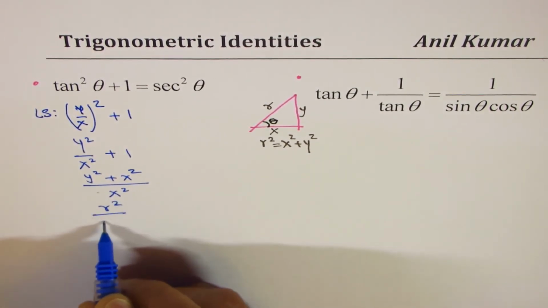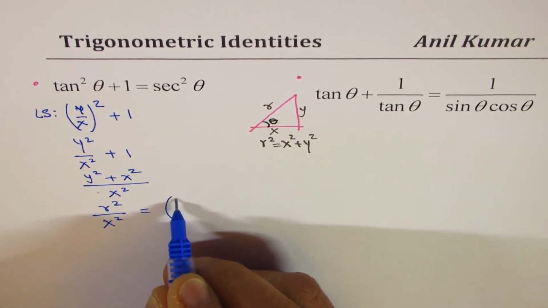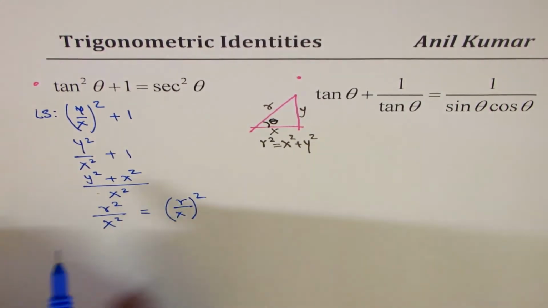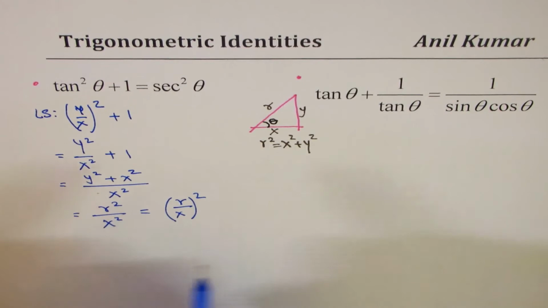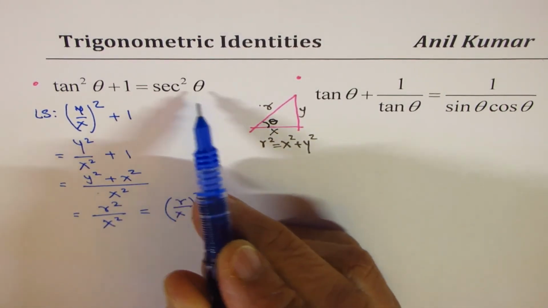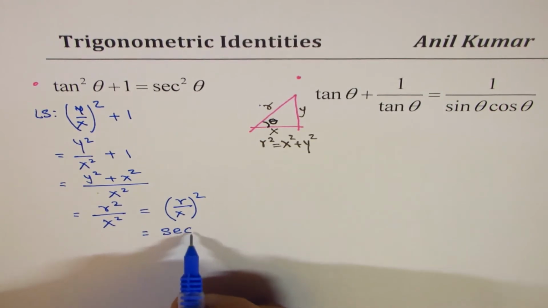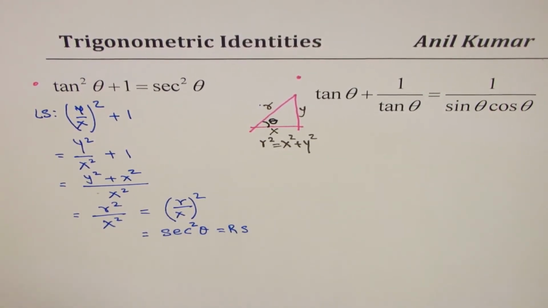So we have r squared over x squared, correct? Now that basically means r over x whole squared. R over x is secant theta. So we could write this as secant squared theta, which is the right side. So we have shown that tan squared theta plus 1 is indeed secant squared theta, correct?